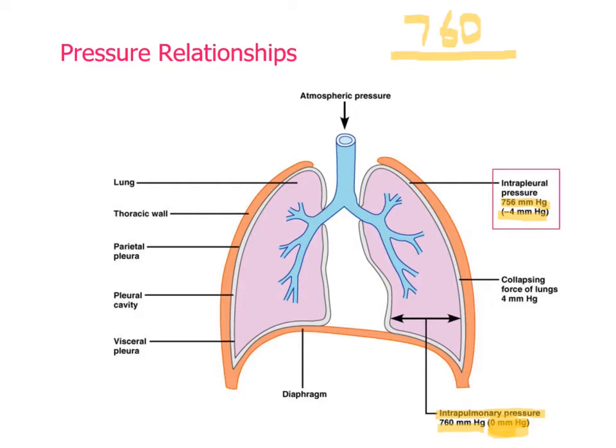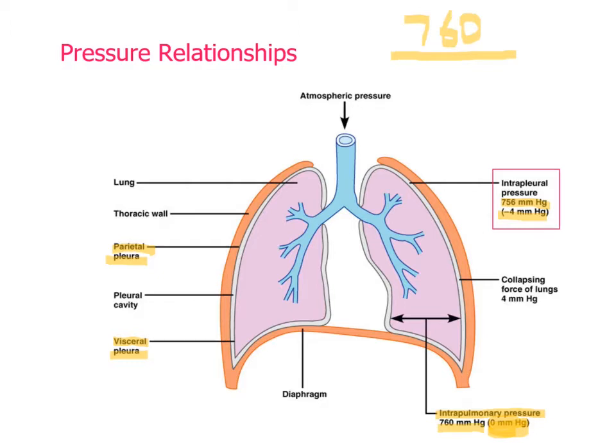An important aspect to understand is that the lungs, of course, are surrounded by the visceral pleura, the visceral pleural membrane, and the wall of the thoracic cavity is surrounded with the parietal pleural membrane, so the parietal pleura.